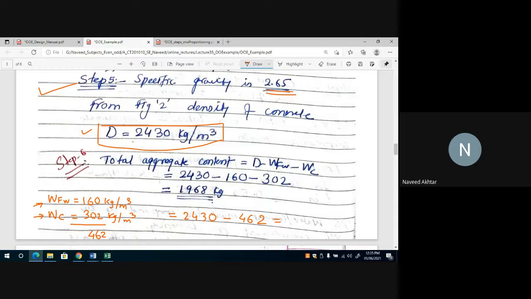Do the calculation on your calculator, 2430 minus 462, it is coming 1968 kg per cubic meter. What you required? You required aggregate. So in this step number 5, you can calculate the total aggregate required.